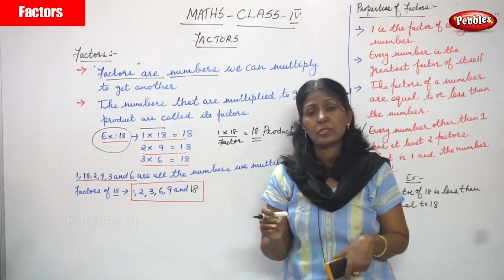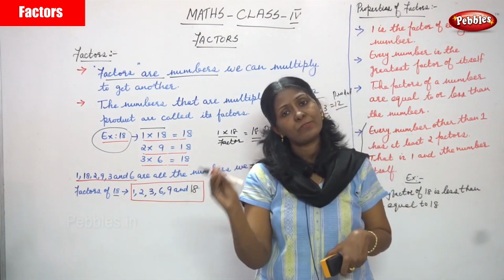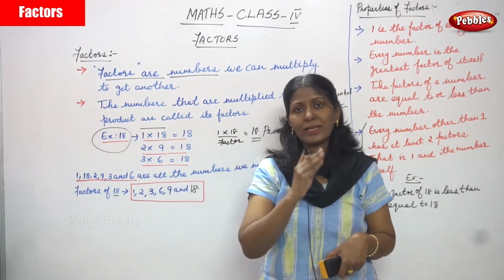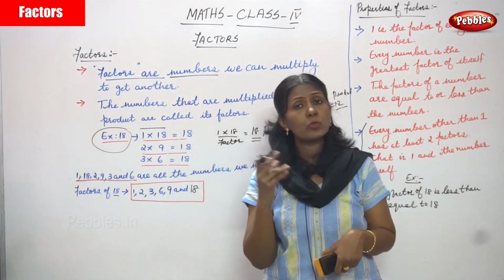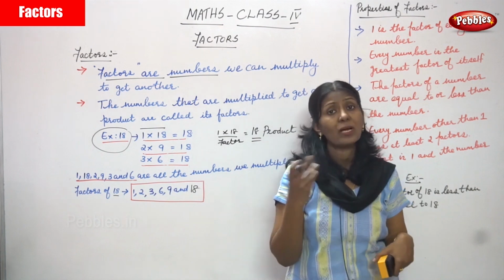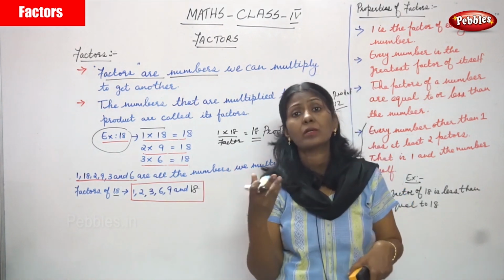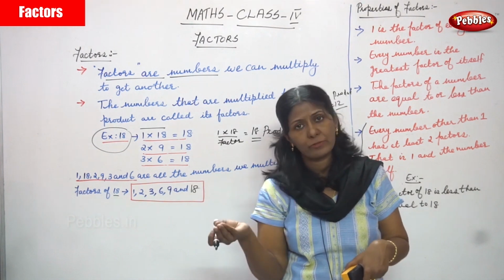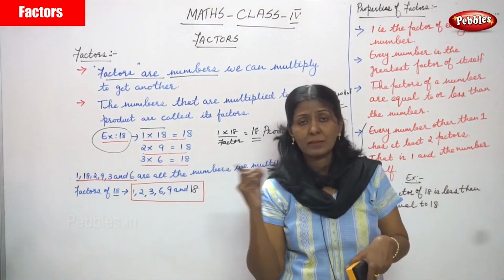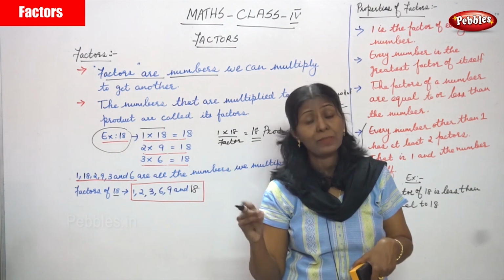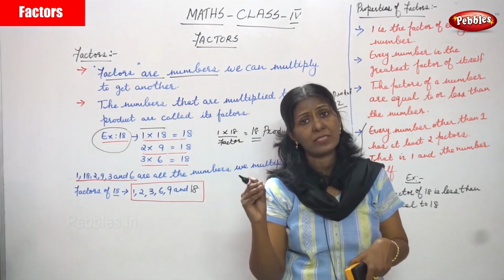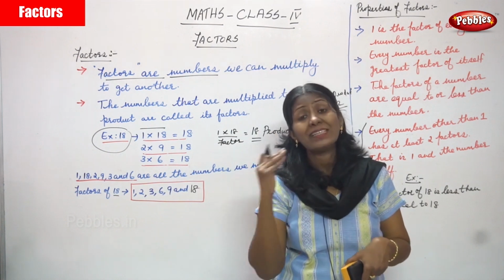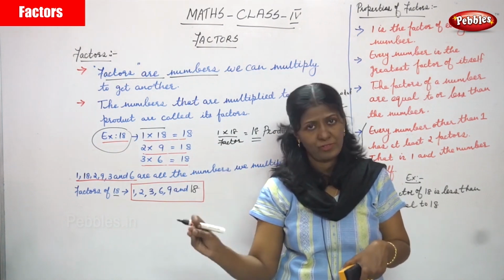So 1, 3, 5 and 15 are the factors of 15. 2 is not a factor of 15 because 15 does not come under the 2 table. 3 into 5 you can get 15, so it comes under the 3 table as well as the 5 table, the 1 table and the 15 table. So 1, 3, 5 and 15 are the factors of 15.